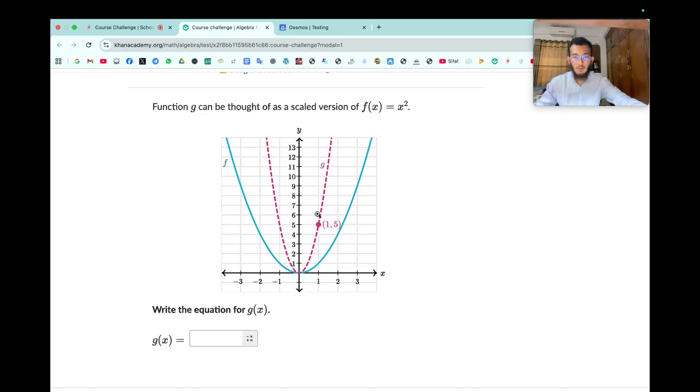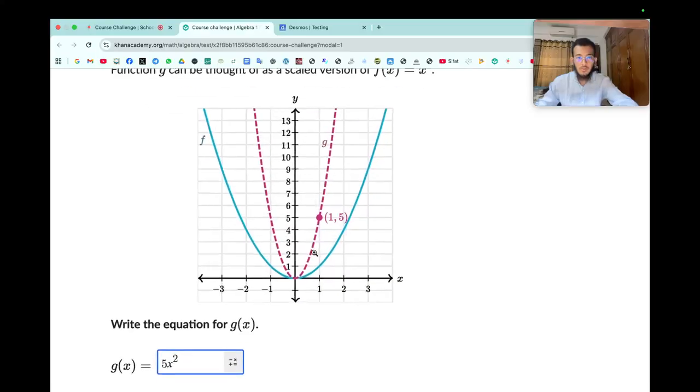So for x value 1, where it was 1 for y for f, it has become 5. So we can see that the function here is 5 times that of f.